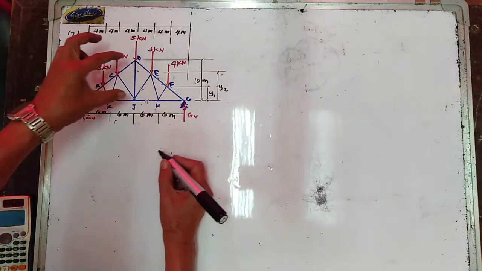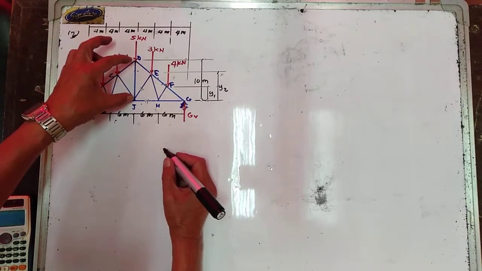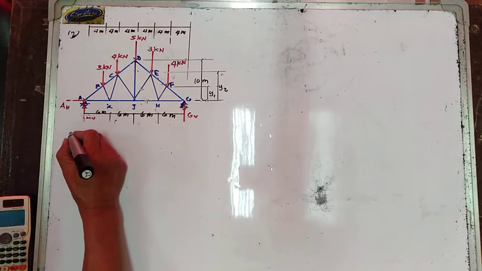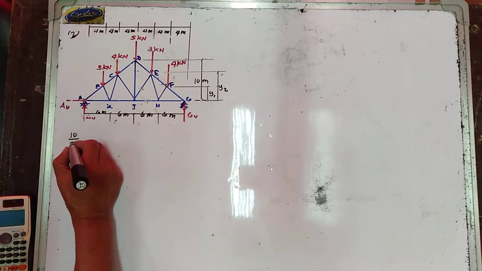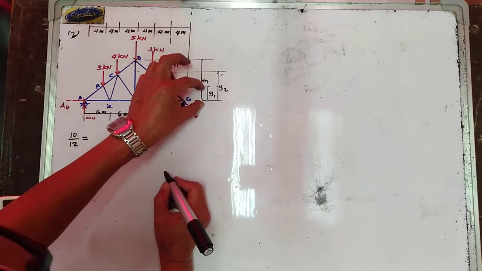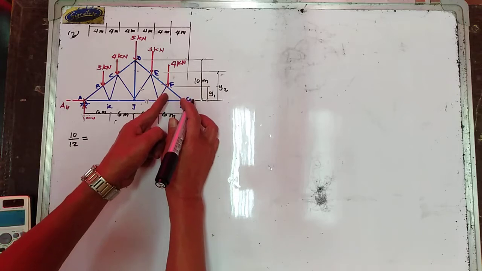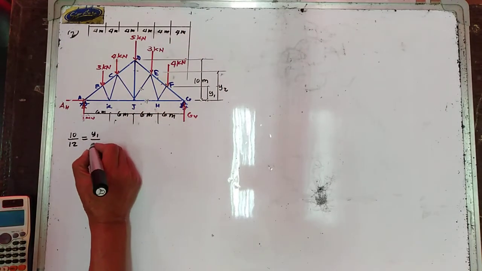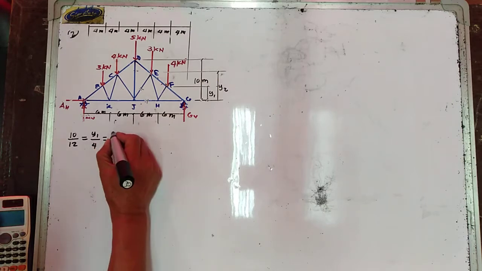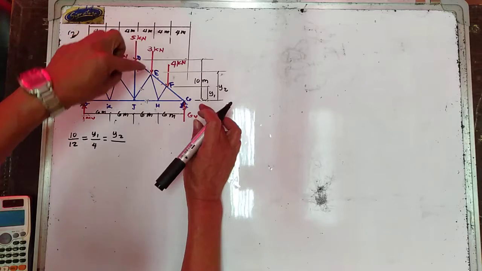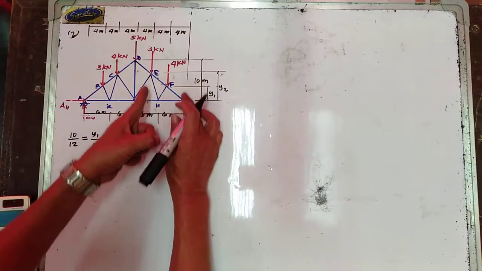Using similar triangles, we have 10 is to 12 is equal to Y1 is to 4, and Y2 is to 8.